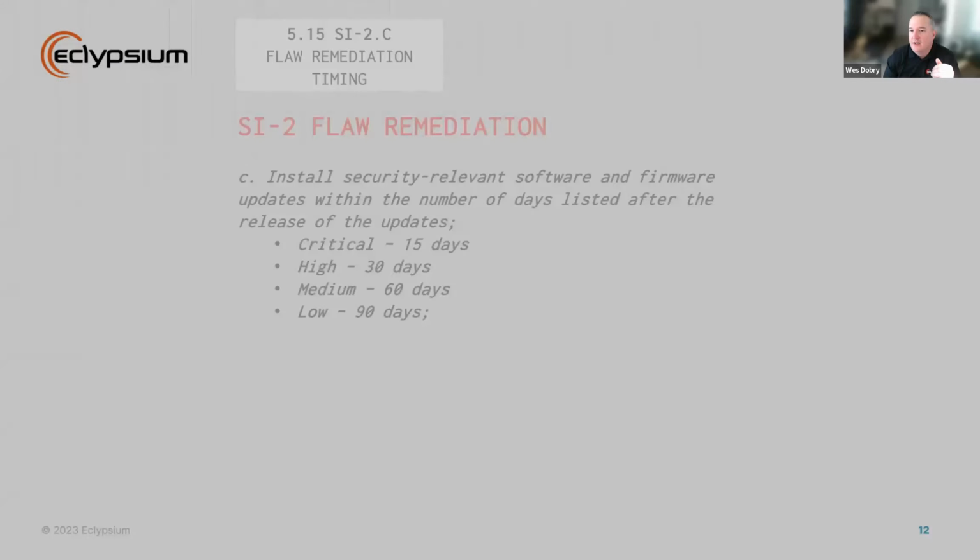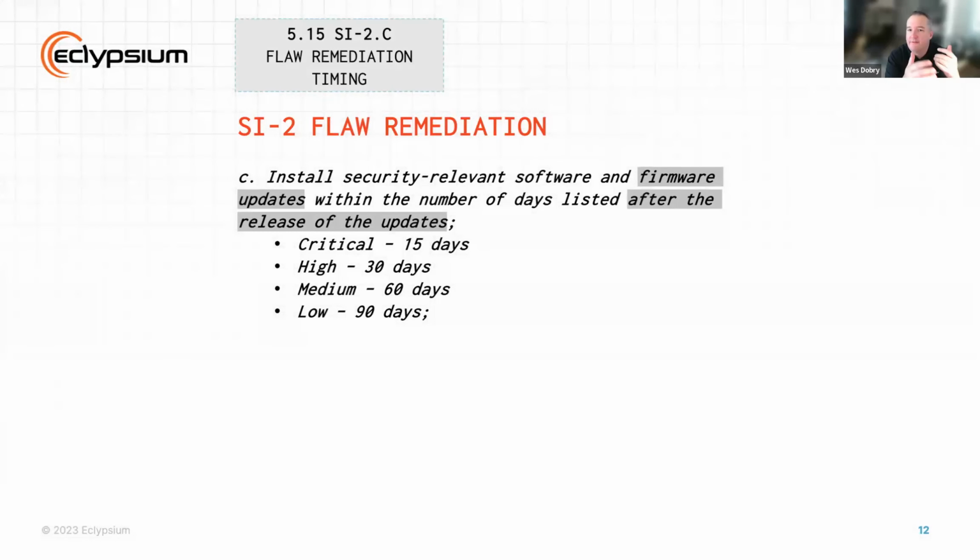So let's look at how some of these new controls actually apply and why they've made the changes that they have, as well as simplify some of the language that is in them. So first off, the first control I want to talk about is SI-2, and that's around flaw remediation, or specifically flaw remediation timing. And so you'll see that they've said, we want you to install security relevant software and firmware updates.